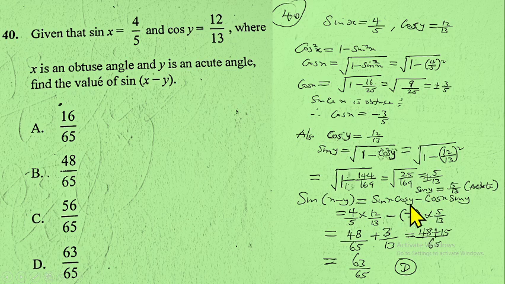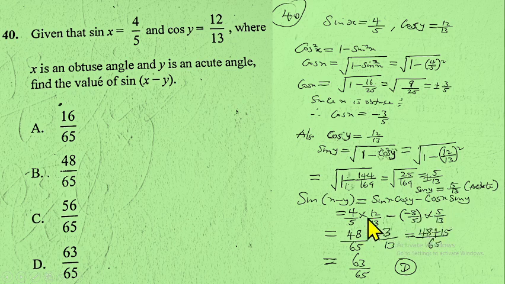If you simply substitute all the values we have got, sine x is 4/5 times cos y, which is 12/13, minus cos x, which we got as minus 3/5, times sine y, which is 5/13.